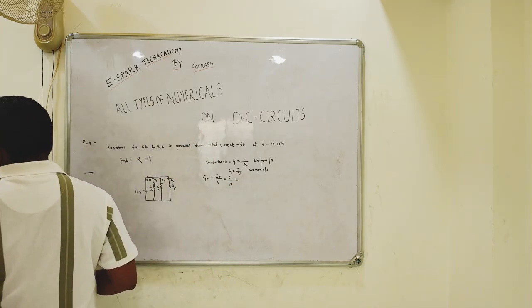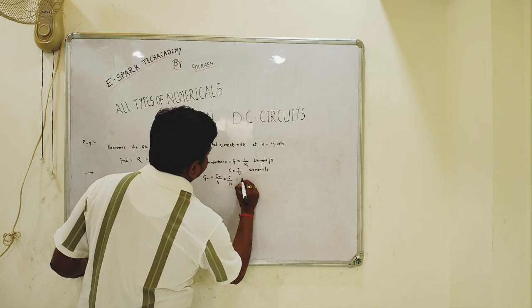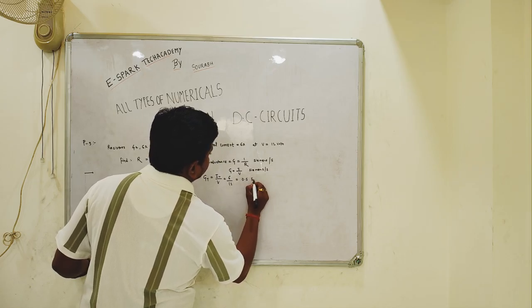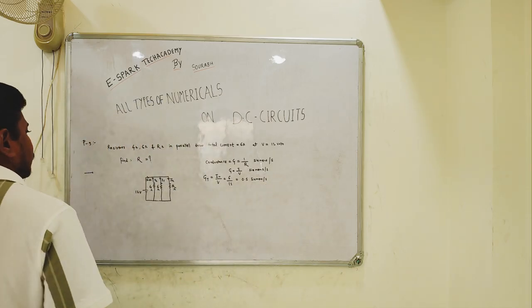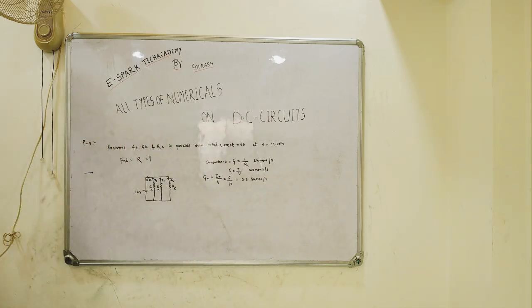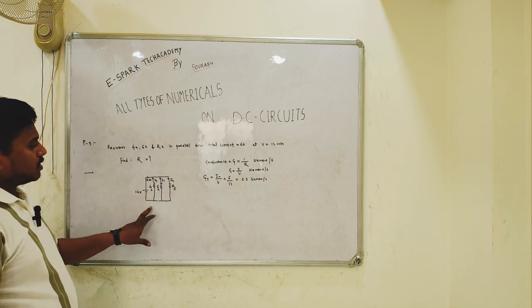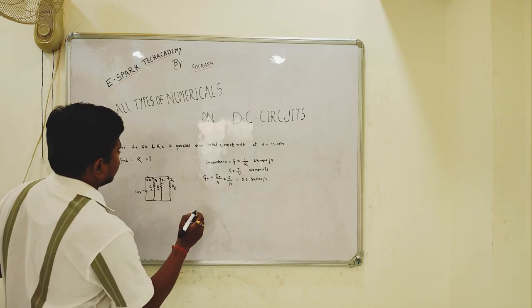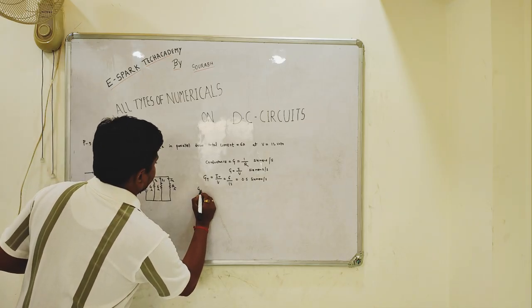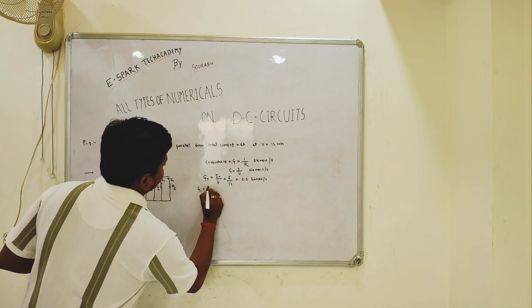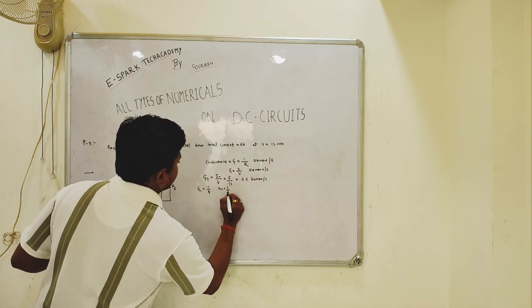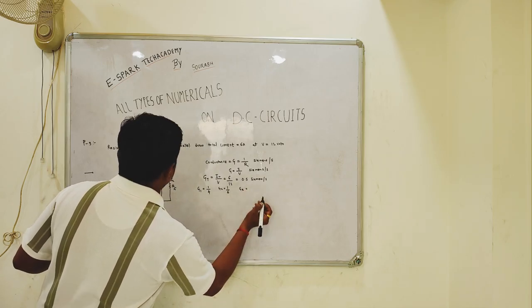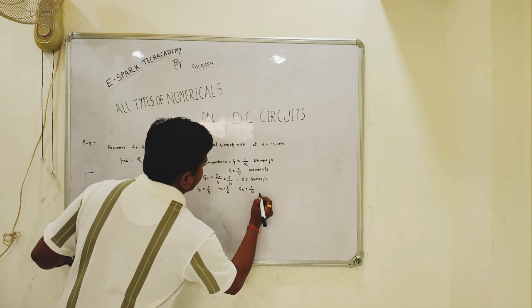We will be getting G total as 0.5 Siemens, or S. Now what we have to do is just calculate the conductance for each and every resistor. You will get G for 4 ohm, G1 equal to 1 by 4, G2 equal to 1 by 6 and GR equal to 1 by R.